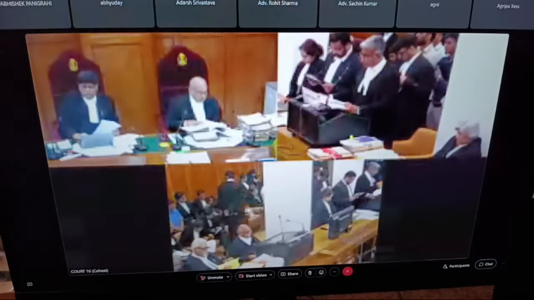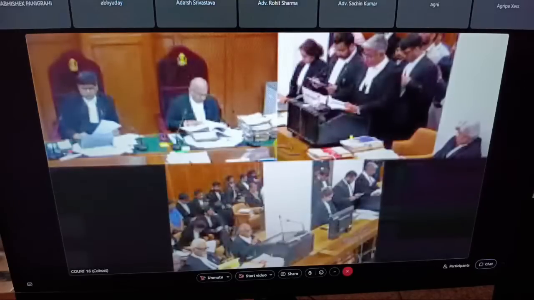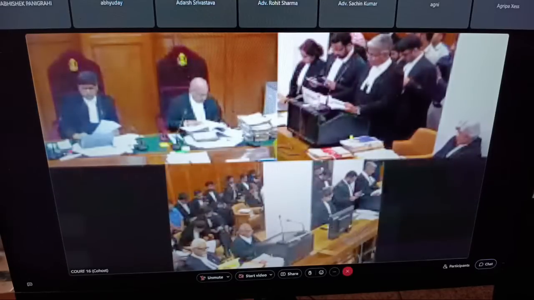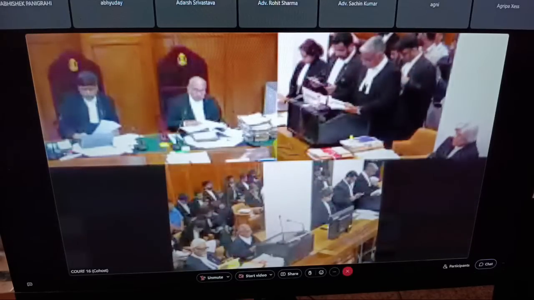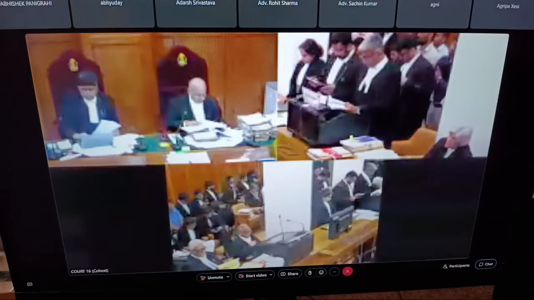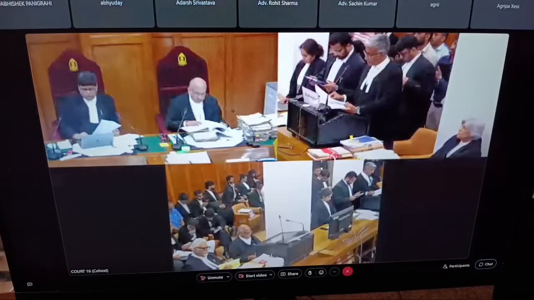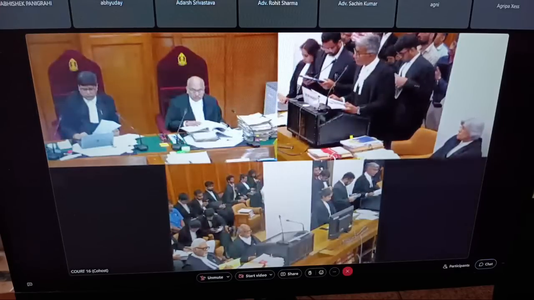And accordingly, the rules of the state of Chhattisgarh regarding inclusion have also to be held unlawful. Therefore, they pray for staying the further recruitment process till the final disposal of the petition. And then considering the arguments advanced, and they make a reference to Devesh Sharma at the bottom of the page, the further recruitment process shall be kept in abeyance with immediate effect, and no final decision will be taken.